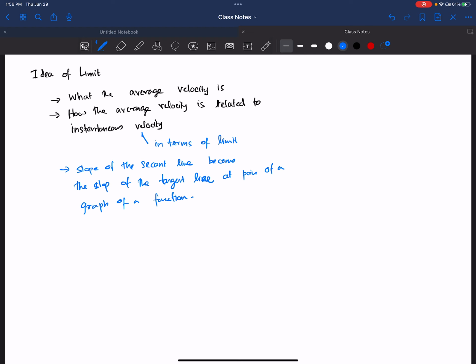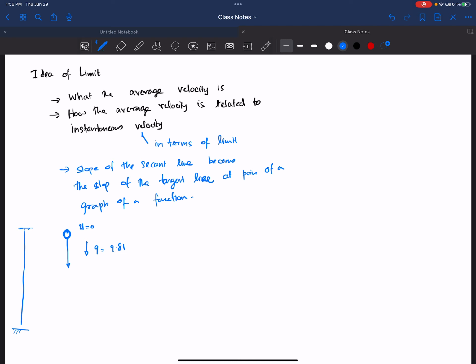I would take this example. An object drops from some height under the gravity. First, its initial velocity is 0, and it falls down under gravity. So gravity is 9.81.